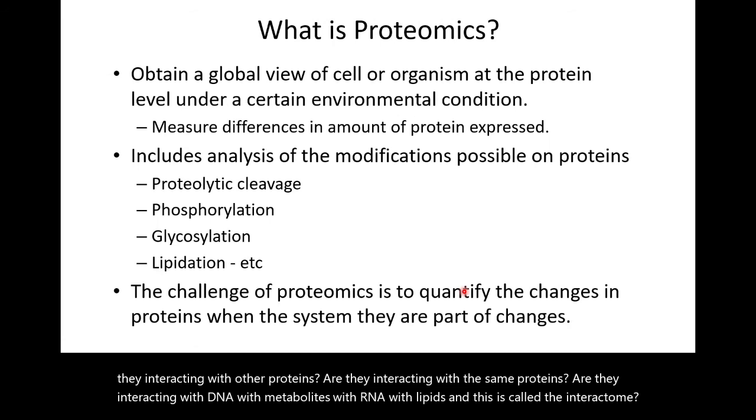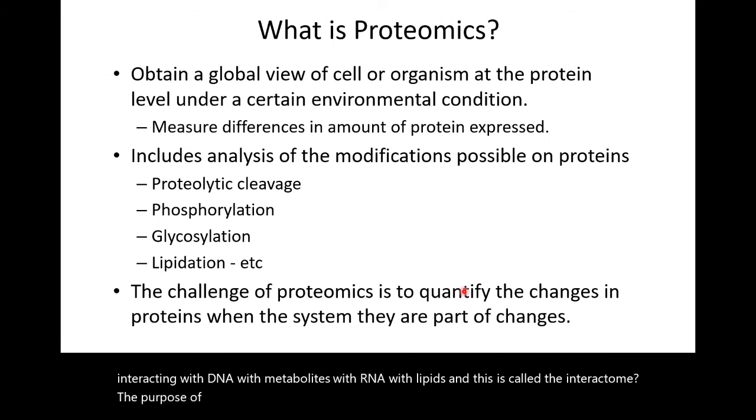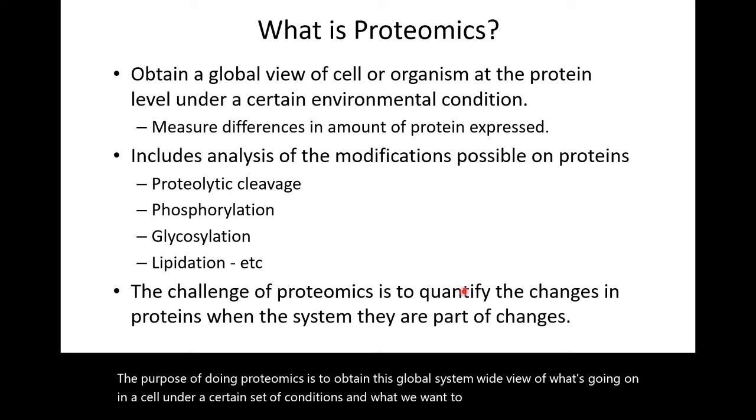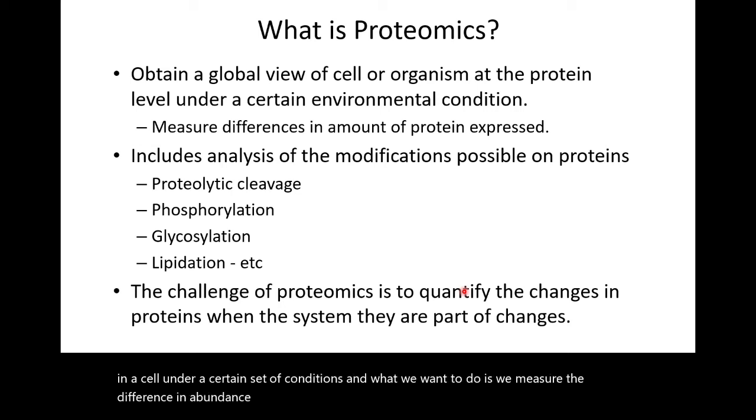The purpose of doing proteomics is to obtain this global, system-wide view of what's going on in a cell under a certain set of conditions. And what we want to do is measure the difference in abundance of those proteins to see what's going on.